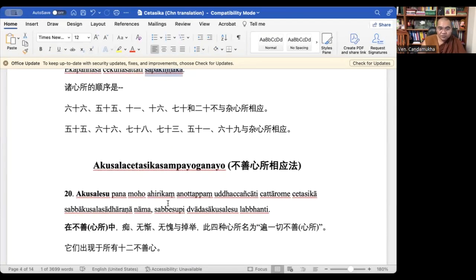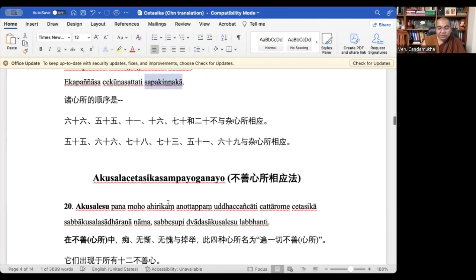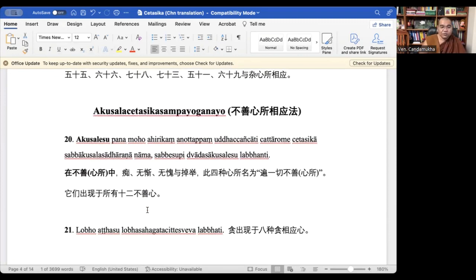So altogether we get 7 Sampayoganaya in the Tati Anyasamana Cetasika. So let's go to the 14 Akusala Cetasika. You can remember Akusala Citta, Akusala Cetasika.